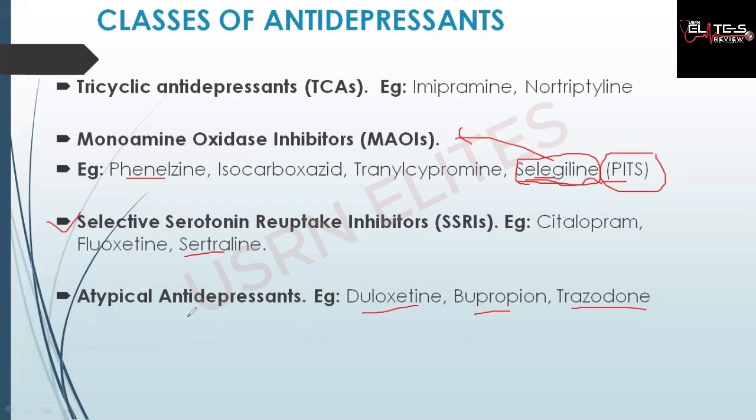I think the atypical ones are the new generations. So take a good look at it, especially these main three. These ones are the modern ones. Any question?